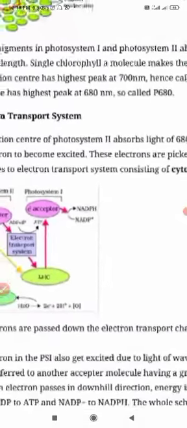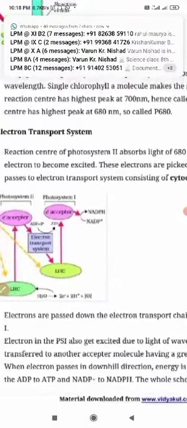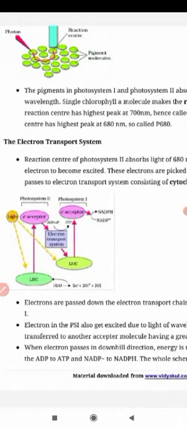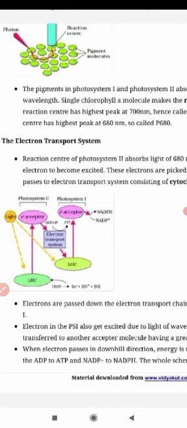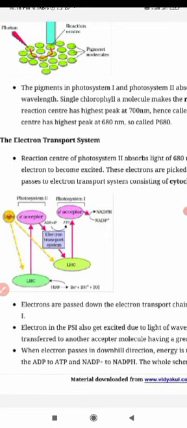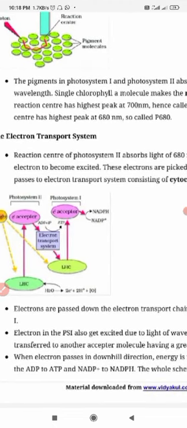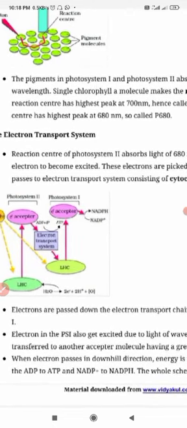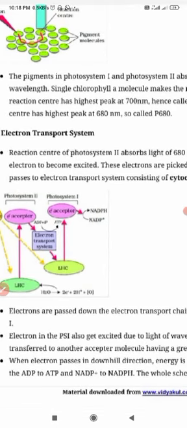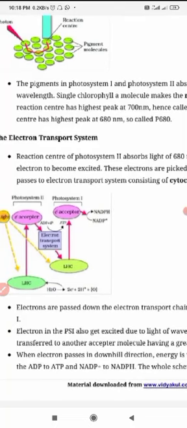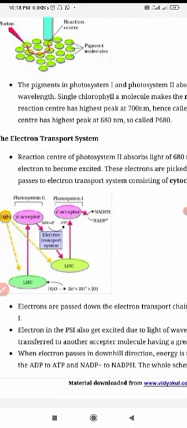this photosystem is arranged in such a manner that sunlight gets absorbed into the LHC, meaning light harvesting complex, which consists of chlorophyll molecules, chlorophyll A, chlorophyll B, etc. And photosystem 1 and photosystem 2 are situated in the grana itself.